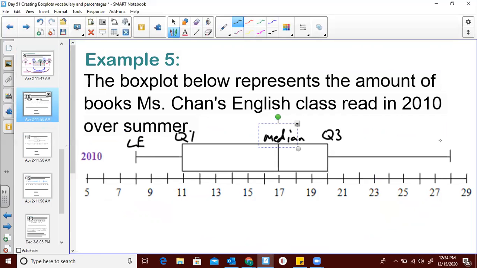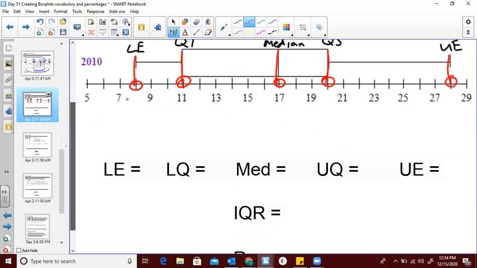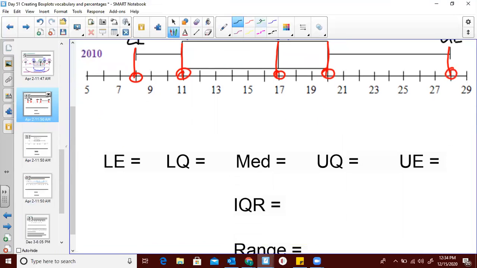And then we have our upper extreme. All right, so all we have to do is connect these dots. Lower extreme comes down to this number. First quartile comes down to this number. Median comes down here. Third quartile comes down here. And the upper extreme is the largest number. Just find it on the number line.